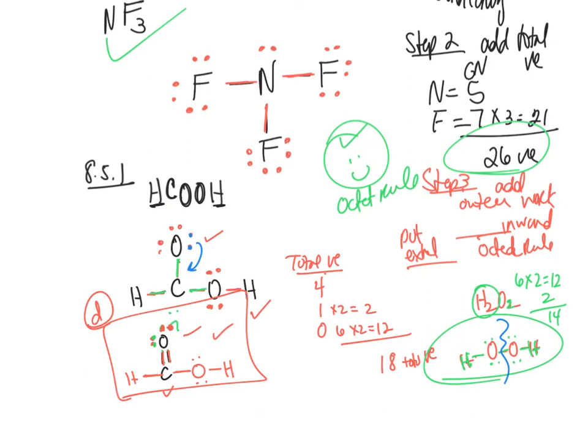Now, you will need to also assign formal charges. And so let me tell you how to do formal charges. So formal charge is a lot of times when you see a polyatomic anion, like SO4 2-.